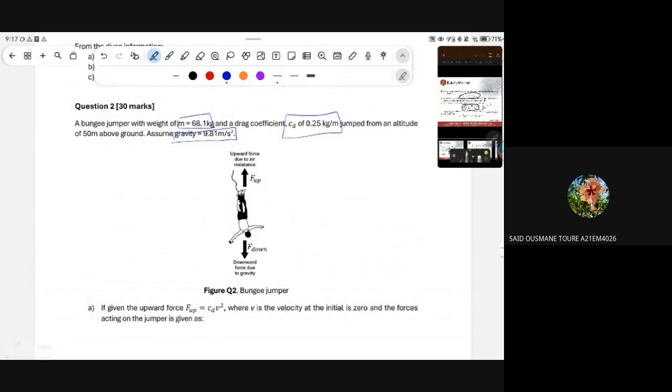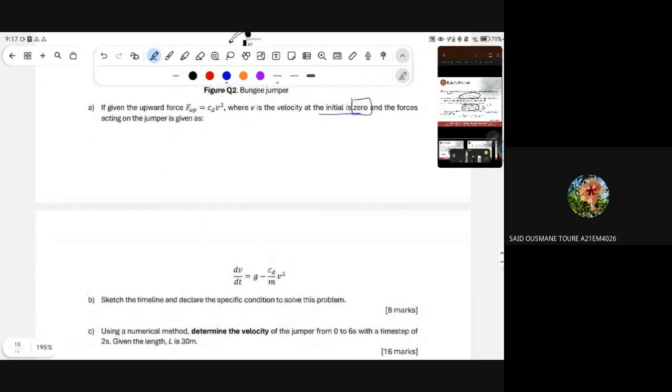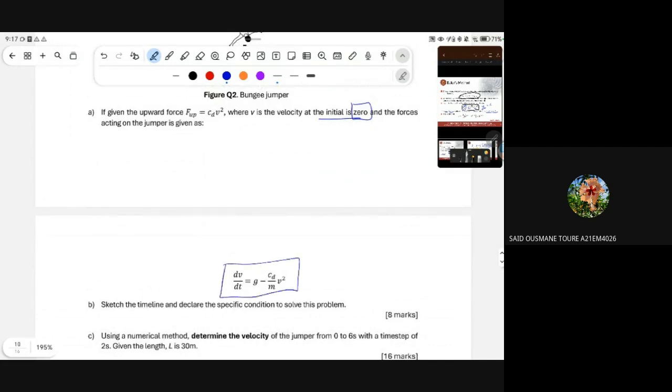How do I know this? They say: given the upward force, where v is the velocity at the initial time equal to 0, and the forces acting on the jumper are given by this formula, sketch the timeline and declare the specific conditions to solve this problem.